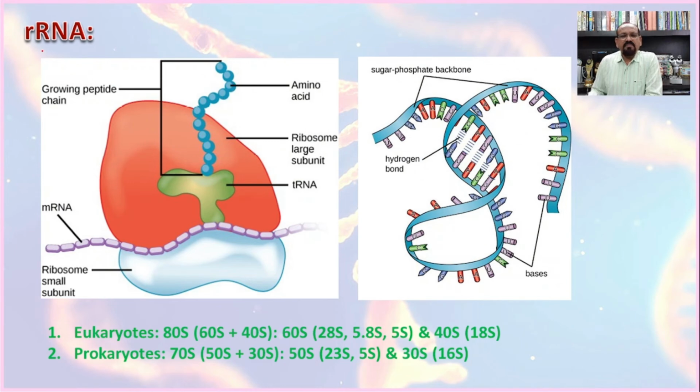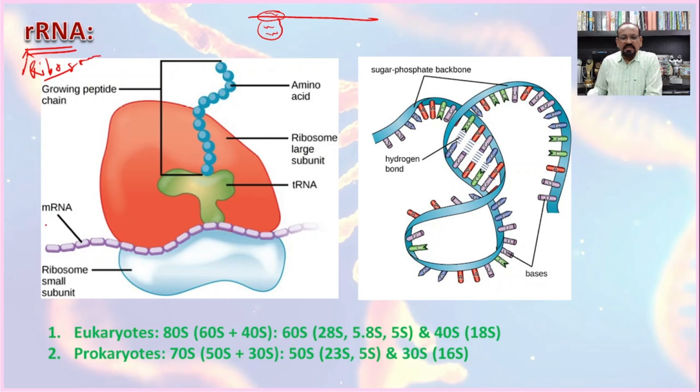The third type is the rRNA. The name itself indicates ribosomal RNA, as they are present in the ribosomes. During protein synthesis, the ribosomes attach themselves to the mRNA, and hence these RNA molecules present in the ribosome are responsible for this attachment as well as for recognizing the codon-anticodon sequence.